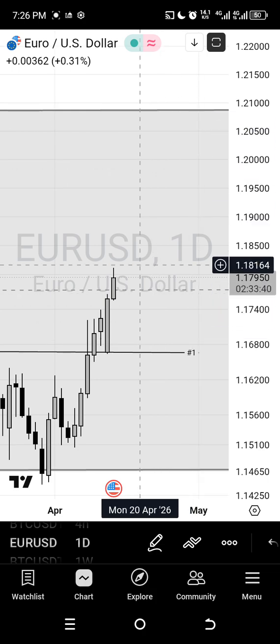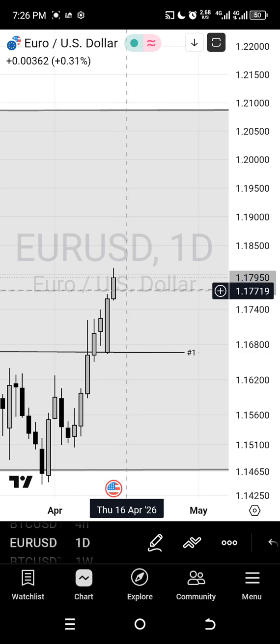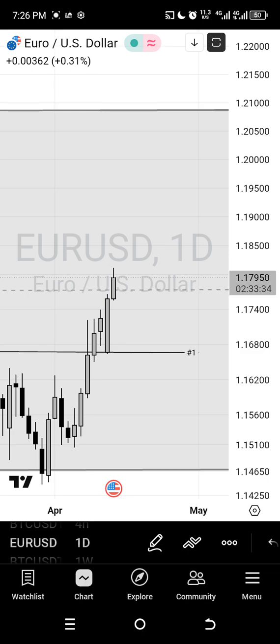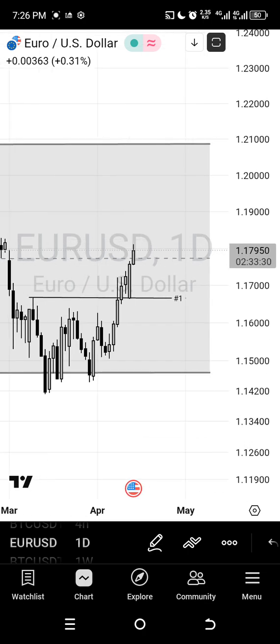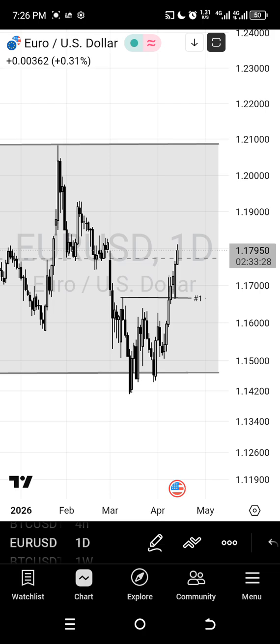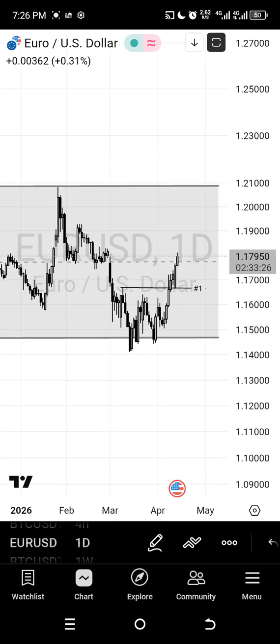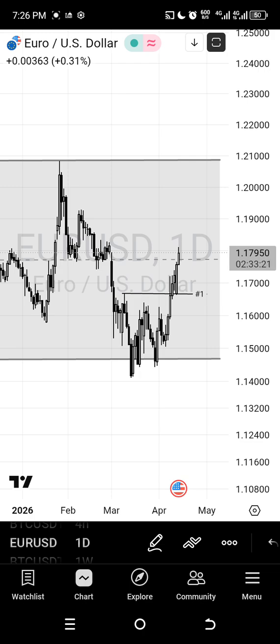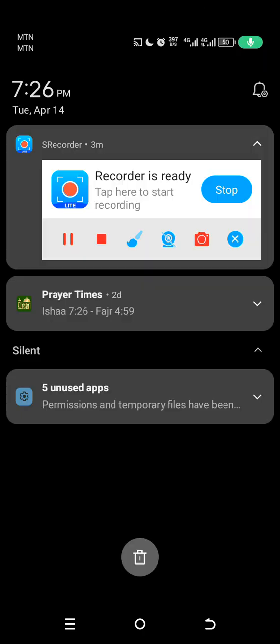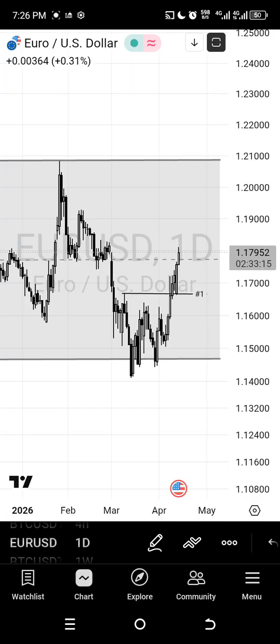Right now I can clearly see that price is struggling to close above this 50%. If price closes above 50%, I'm going to expect price to go to the opposing end of the range. You can clearly see what price is doing. I am expecting a retracement profile because I can clearly see that EU has reached an order block.